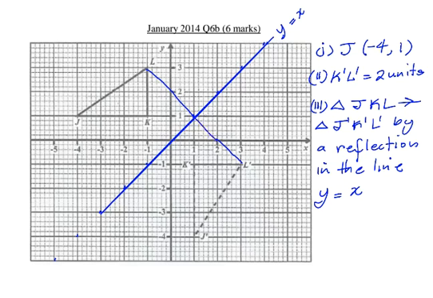So it's one diagonal, two diagonal, but on the other side. In a reflection, both the object and image are the same perpendicular distance from the mirror line on either side of the mirror line.